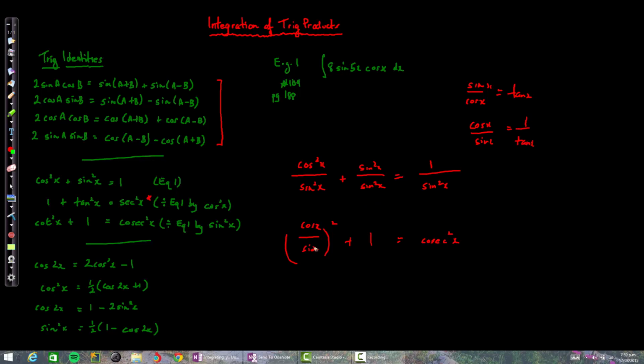So this can be replaced with 1 over tan all squared plus 1 equal to cosec squared x, and 1 over tan is known as cotan. So we end up with that identity right here.